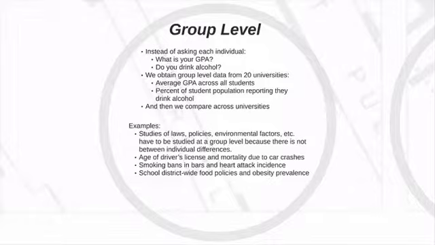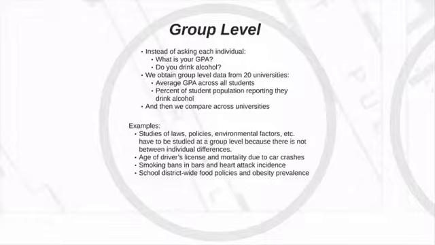Because they're all essentially going to be the same. So what we would have to do is look across states that have varying levels of allowing youth to get their driver's license, and then look at the numbers of car crashes in that state and build correlations between state level data.